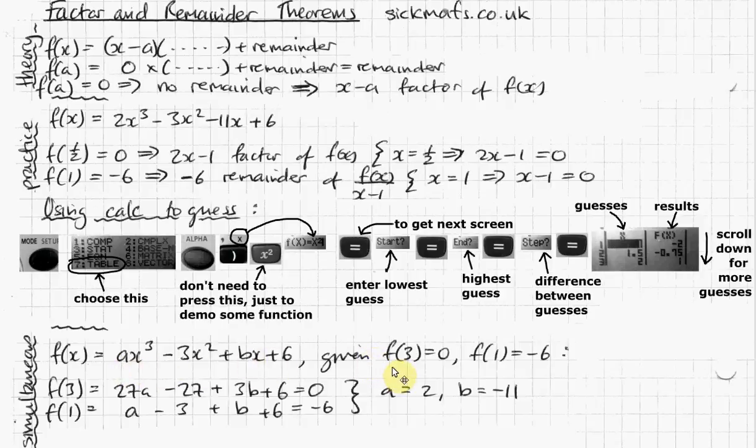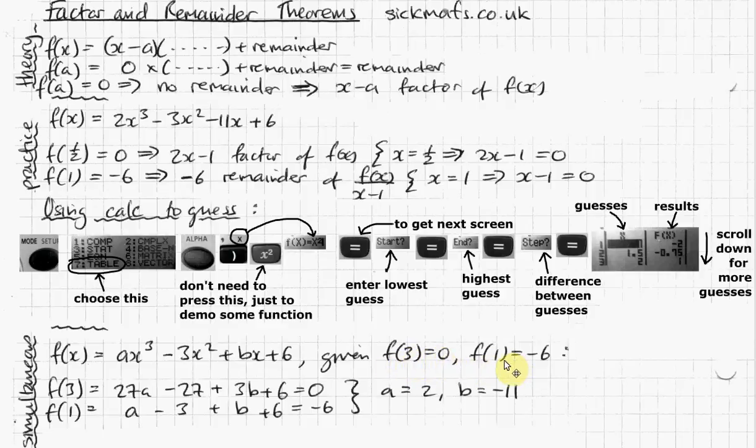This turns into a simultaneous equation, because you need 2 equations to work out the 2 unknowns. So you're told that f(3) is equal to 0. Another way of writing that is x minus 3 is a factor, and that tells you to substitute 3 into the function and get 0.